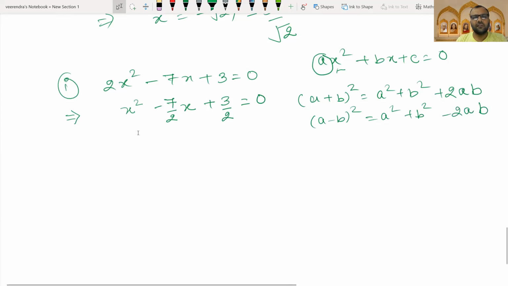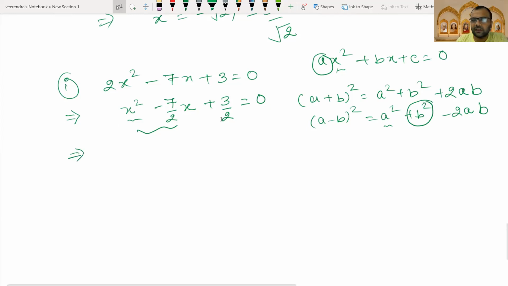So here we can see these two terms. The first term is x square, which is a square, and the second term is minus 2ab. So we have to add b square and subtract b square, so it will become a perfect square.